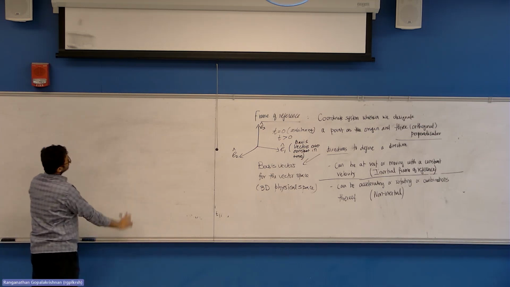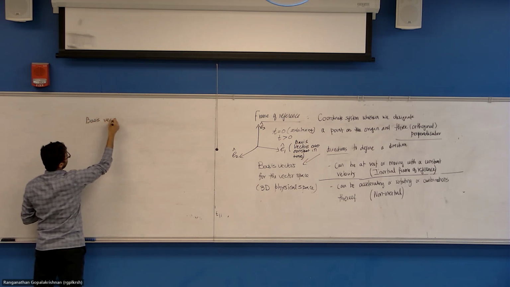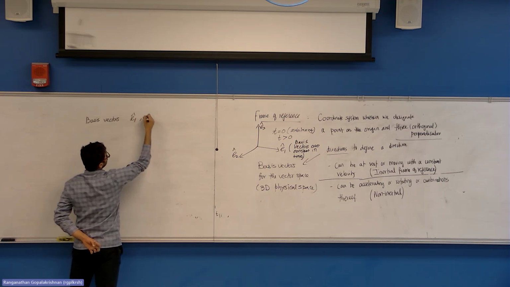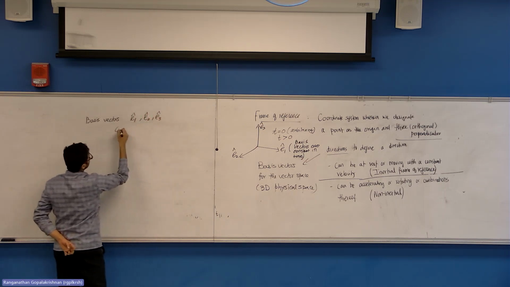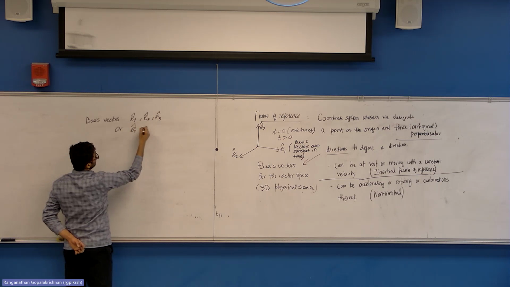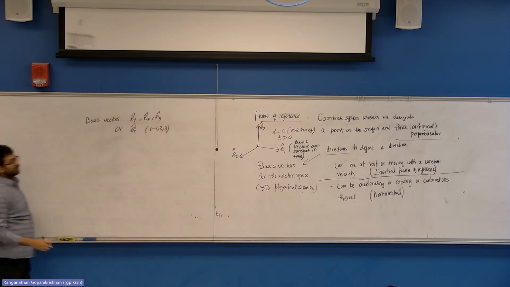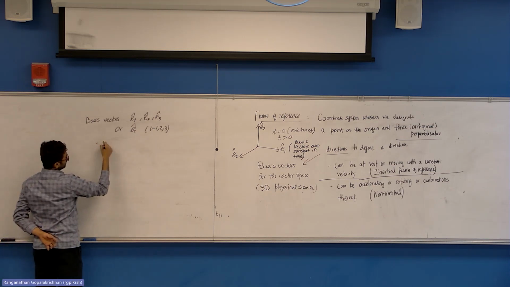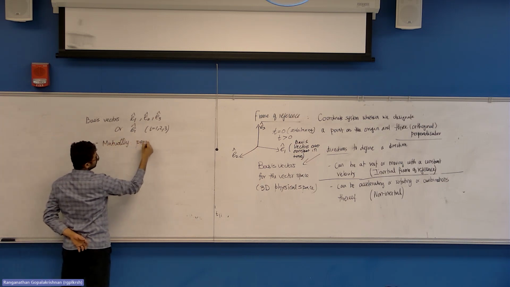So we'll start with these basis vectors. I'll call them E1, E2, E3. I can also write it equivalently as Ei, where i can take values of 1, 2, and 3. The basis vectors, I already said, we'll deal with those that are mutually perpendicular or orthogonal.